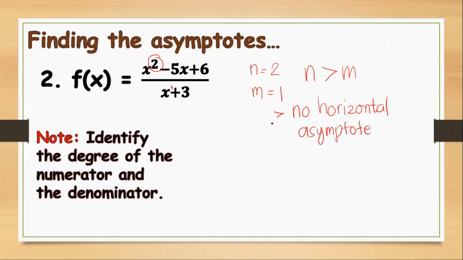If the graph has no horizontal asymptote, we only have the oblique or slant asymptote.